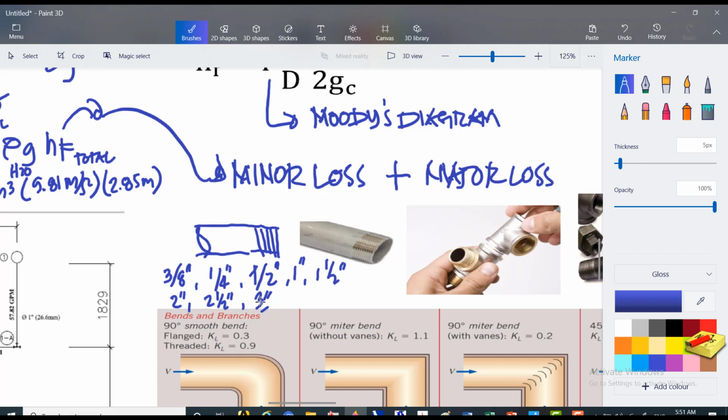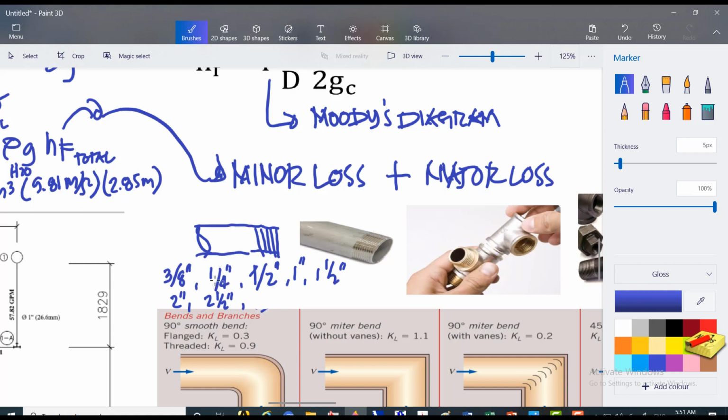So that you don't get confused, we'll try to remove the 3 inches and going to consider 3 inches as a flange connection of pipes. So this is the range of pipes which is in threaded connection.